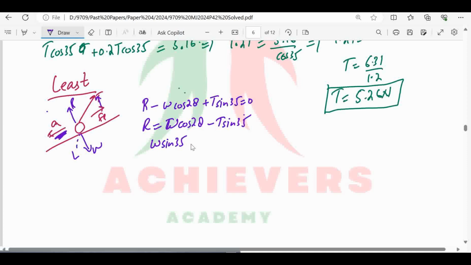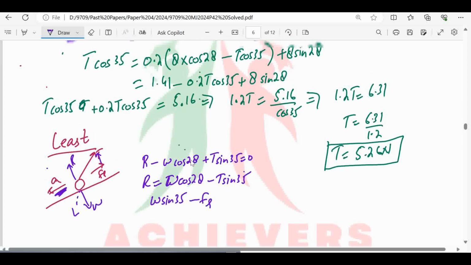Then we have, this one is the forward force, and the other force will be minus frictional force, the component of the frictional force.